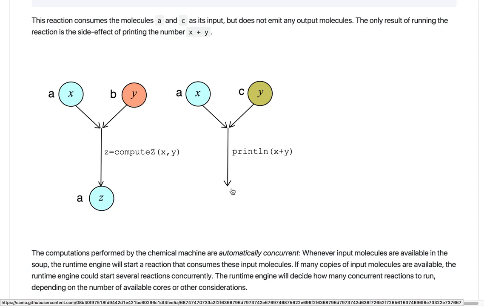Nothing else needs to be done. No new molecules are to be emitted. So the programmer can define such reactions. The programmer defines what molecules exist, what are the types of data that they carry, and what are the functions that each reaction carries, and what are the possible reactions.